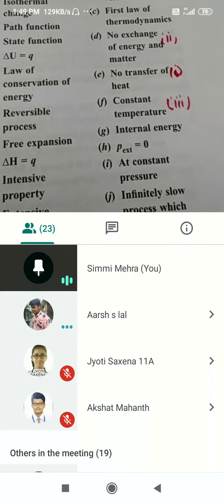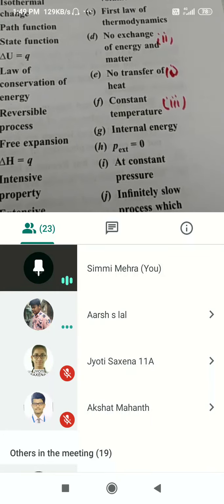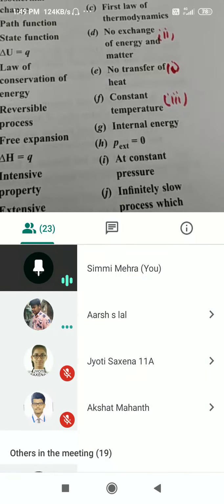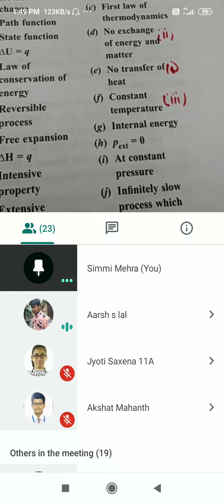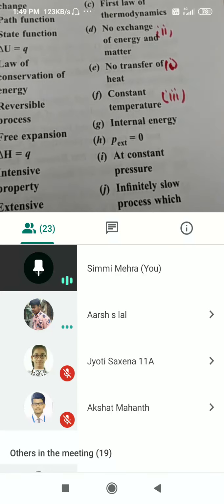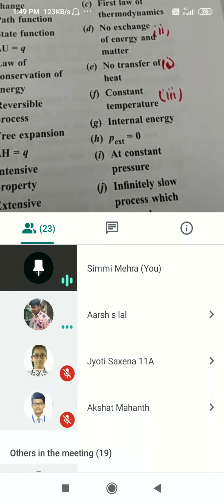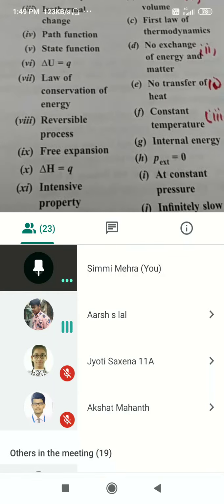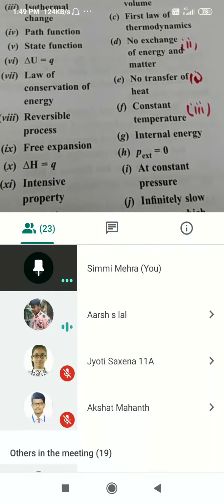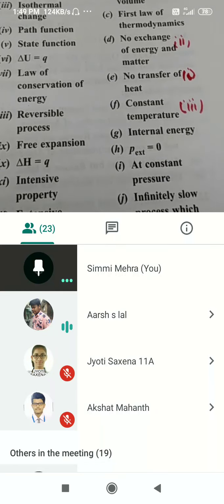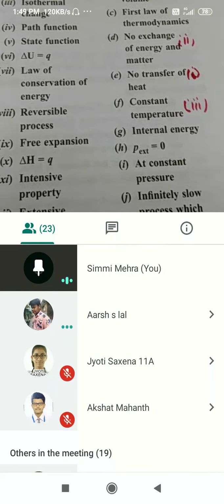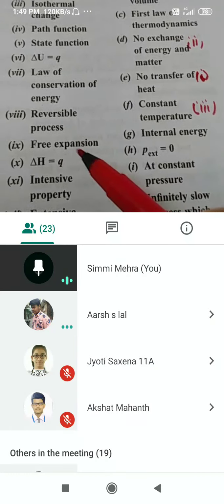So if external pressure is 0, then no work is done by the system. It is free expansion. Free expansion means the gas will expand and it will not have to work against anything. It can be used here also. So just now let us mark.